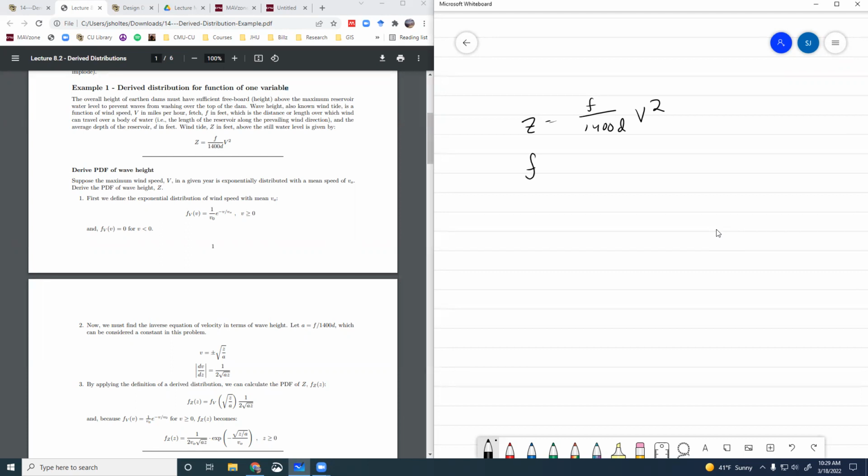That's going to be f_V of little v is equal to 1 over v naught, e to the negative v over v naught, for v greater than or equal to 0. So this is essentially an exponential distribution that we just covered.